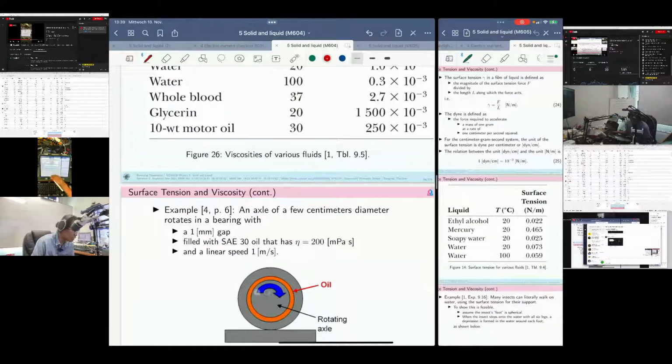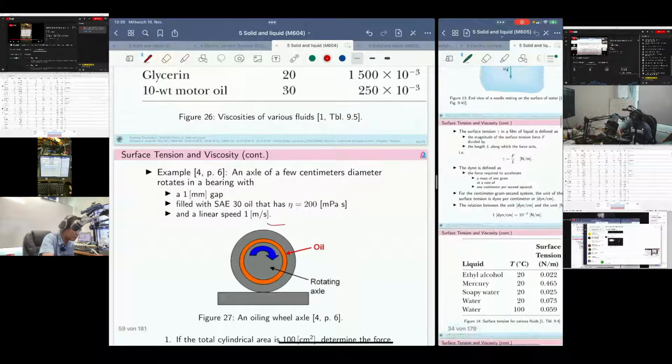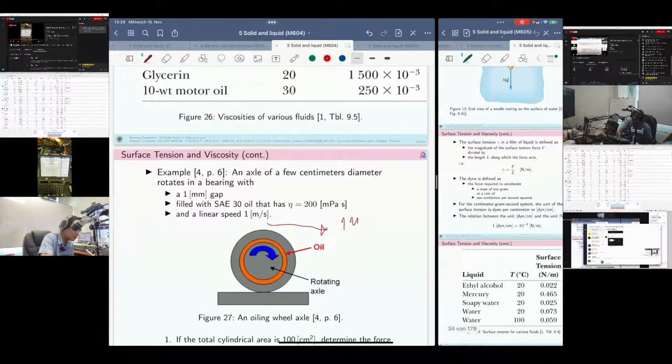So this object is moving with velocity 1 meter per second.